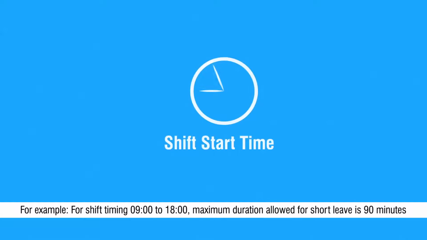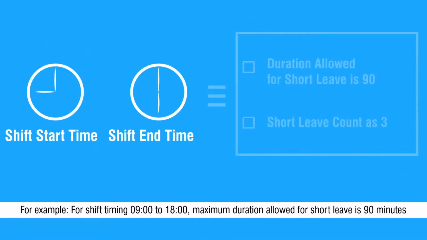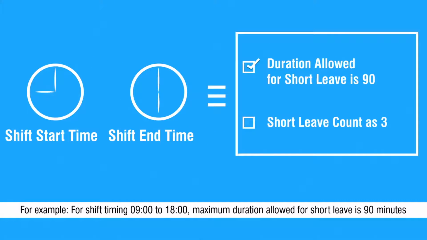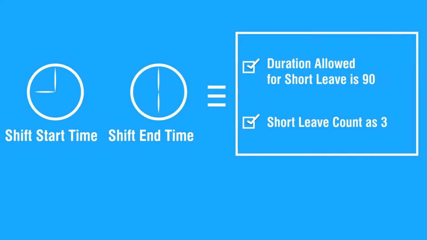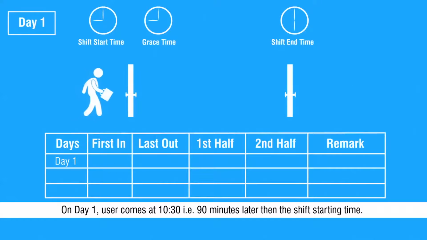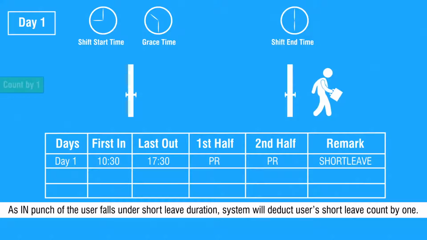For example, for shift timing 9 to 18, maximum duration allowed for short leave is 90 minutes with the short leave count 3. On day 1, user comes at 10:30, that is 90 minutes later than the shift start time. As in punch of the user falls under short leave duration, system will deduct user's short leave count by 1.